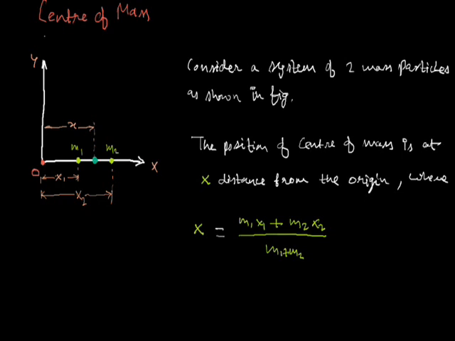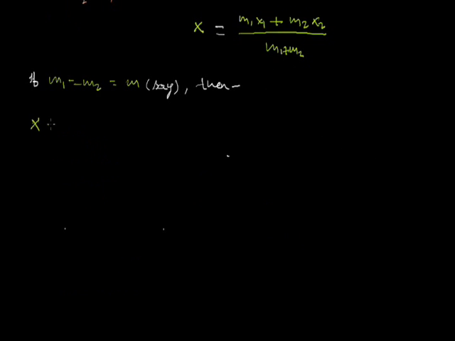Now see here, if the masses m1 and m2 have the same magnitude, that is m1 equals m2 equals m, then x equals m x1 plus m x2 divided by 2m, which simplifies to x1 plus x2 divided by 2.